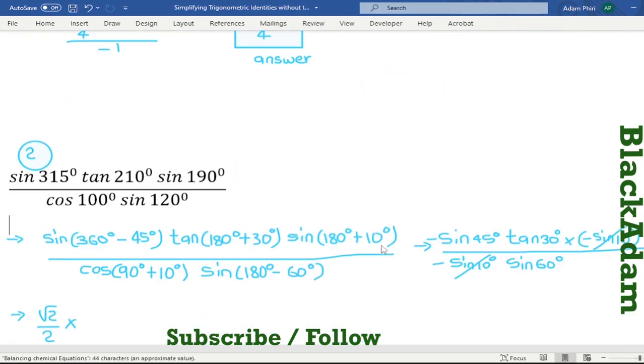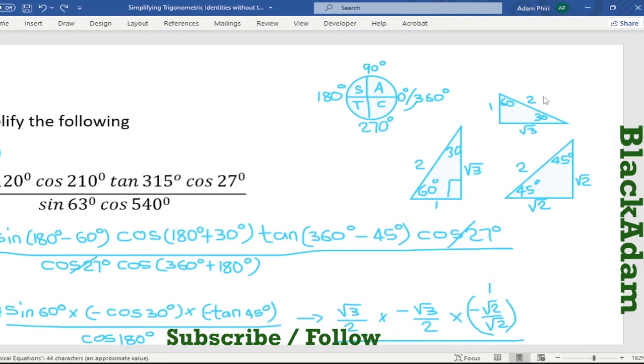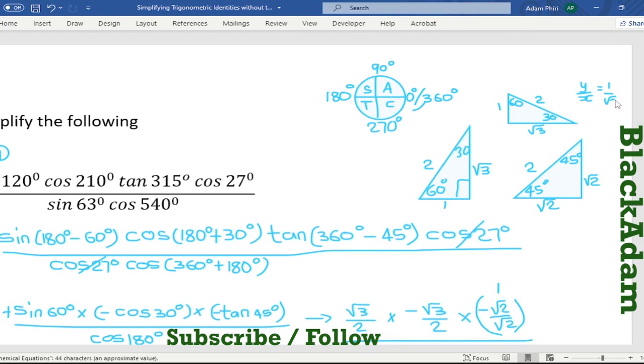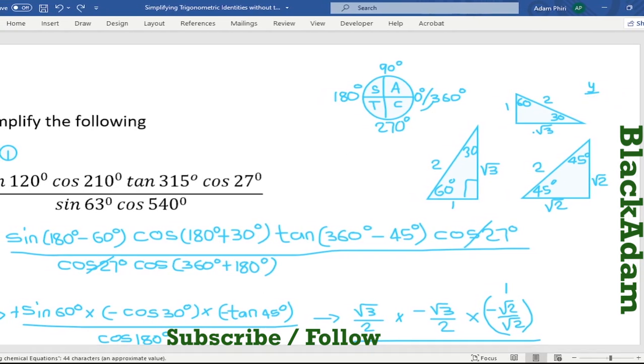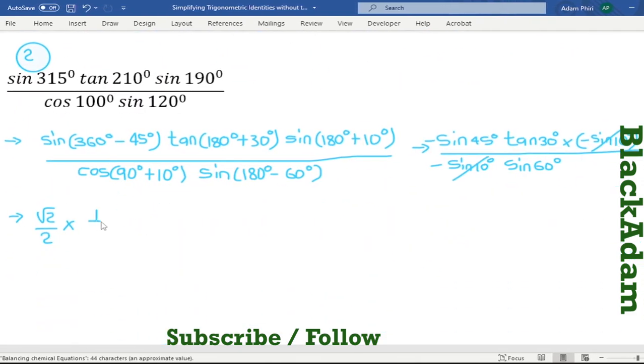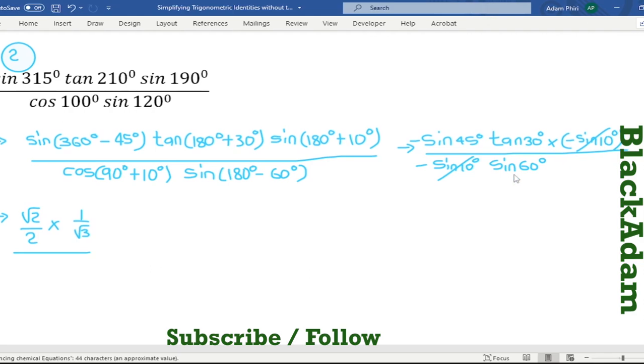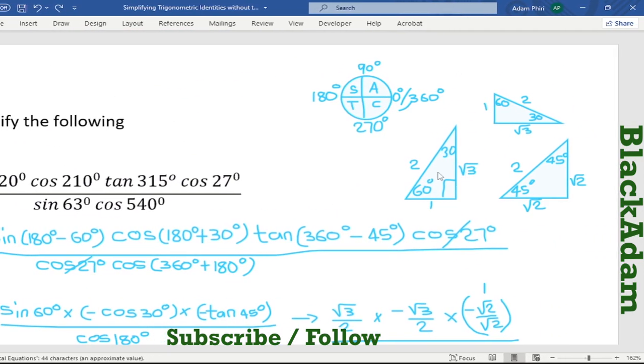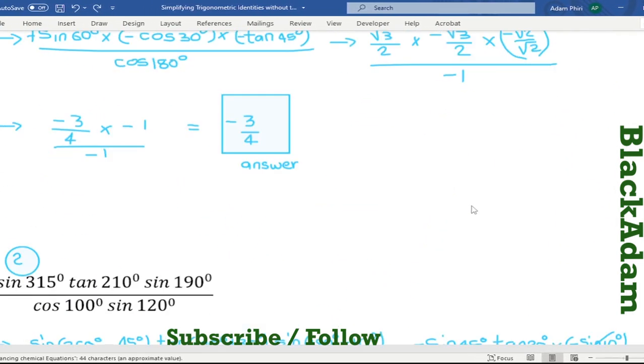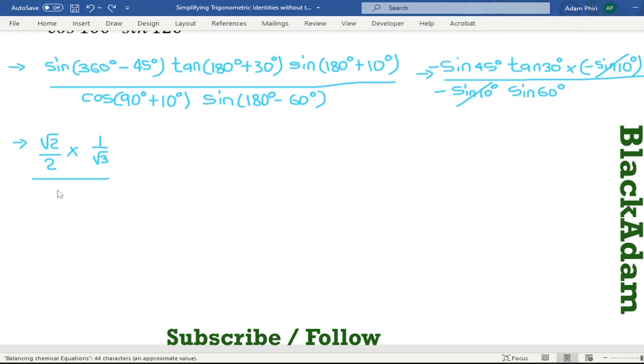So remember that for 30 degrees, y over x is equal to 1 over root 3. And we also know that that would be 1 over root 3, and then divided by sine 60 degrees. It's going to be root 3 over 2, opposite over hypotenuse.